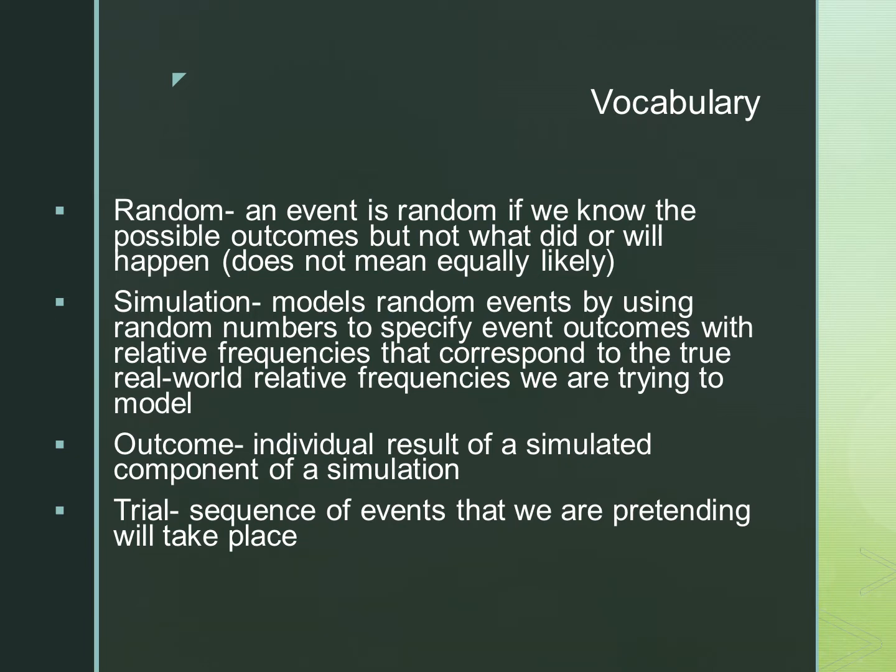Once I have 5 heads, that's the end of my trial. I want to simulate shooting free throws. I want to see how many tries it takes to get 5 free throws in. The end of getting that 5 is the end of my trial. Each individual outcome is, did I make the free throw or not?